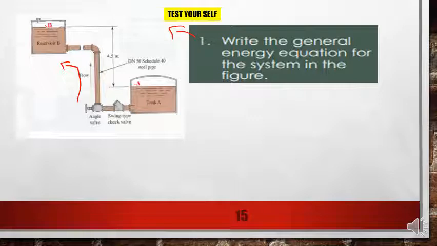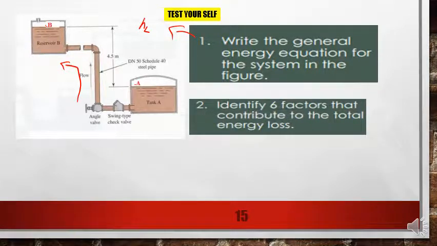We have lots of devices and piping arrangements that may contribute to head loss, so when writing the energy equation, consider the energy loss inside the system shown in this figure. And the second one is you need to identify 6 factors that contribute to the total energy loss in the system. So let's try.